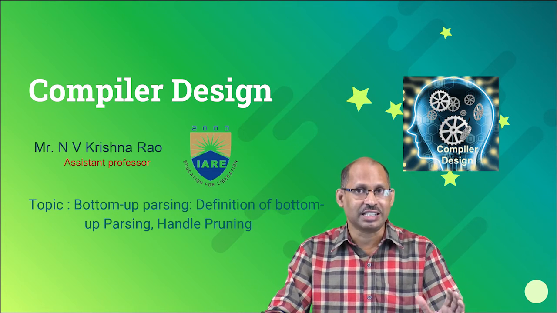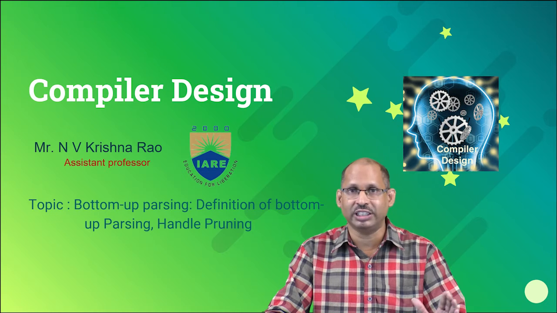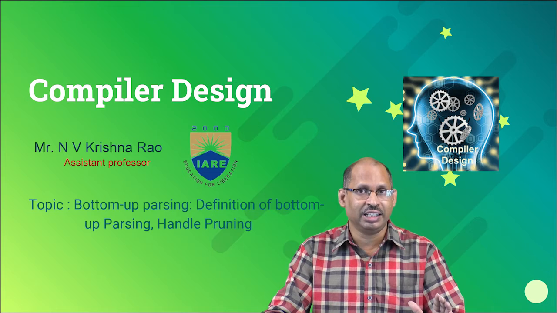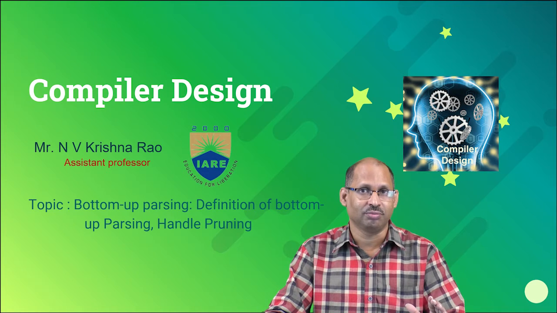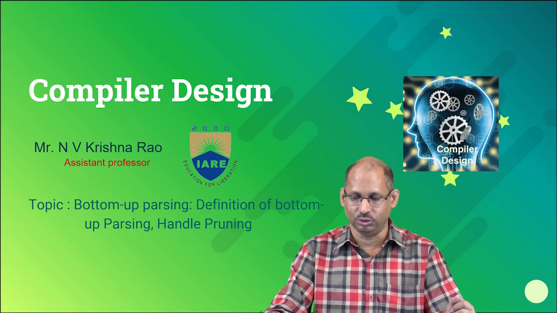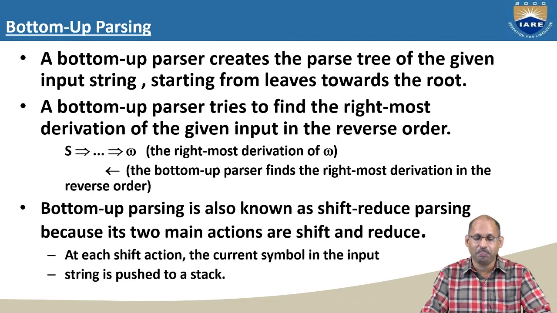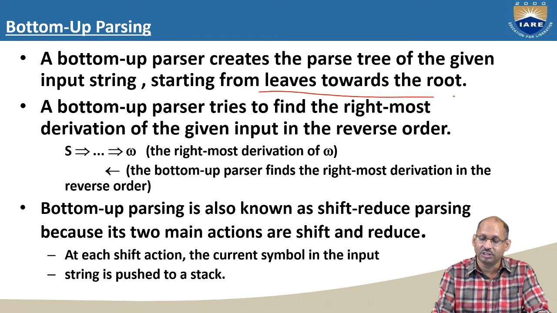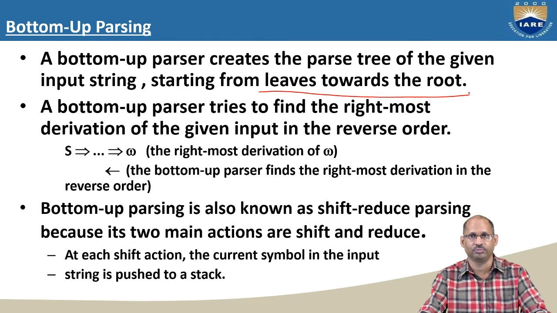We already discussed what the leftmost derivation is and what the rightmost derivation is. Here we consider the rightmost derivation, but in construction of the parse tree, we consider the steps in reverse, from the leaves to the root. So the bottom-up parser creates the parse tree for the given input string, starting from the leaves towards the root.